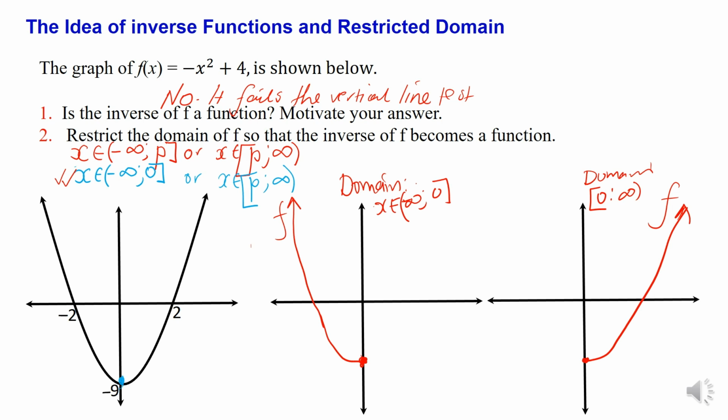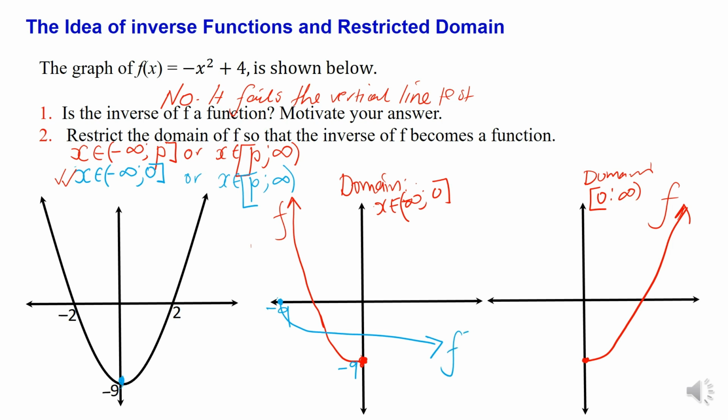Now, if we want to draw the inverse of the graph whose domain has been restricted, then this one will start at this point here. If this one is -9, then this one will also be -9. Then from here we draw a curve that goes in that direction.